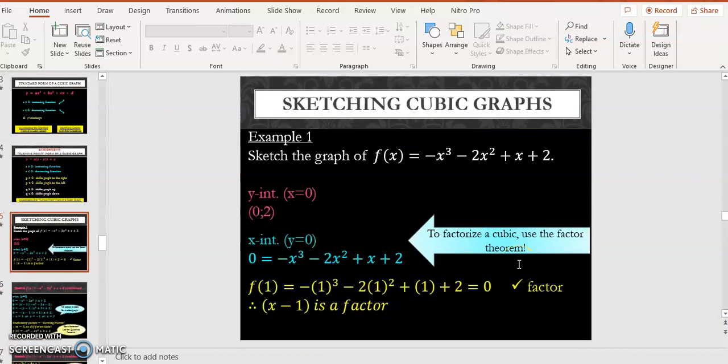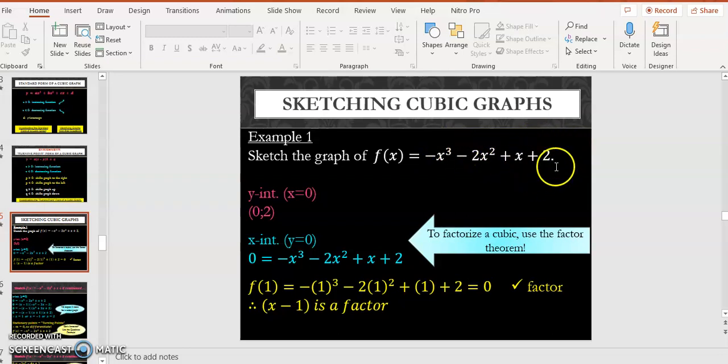Okay, now let's look at sketching of the graph. Now we have this function. We want the y-intercept. For the y-intercept, x is supposed to be equal to 0. If x is equal to 0, this will be 0, this will be 0, and this will also be 0, because if I substitute 0 here, I'm going to have negative into bracket 0 cubed to be 0, 0, 0.